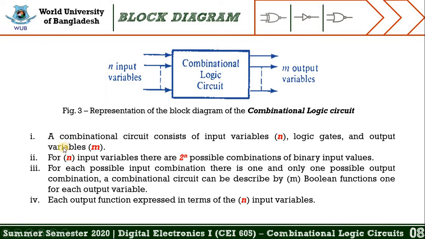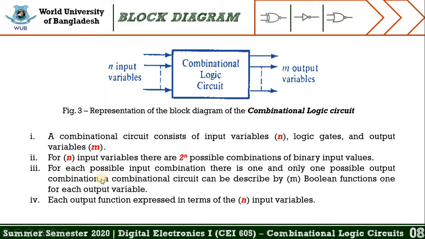Number 1, a combinational circuit consists of input variables, n number of input variables, logic gates in the middle portion, and output variables, symbolized by m. Next, for n input variables, there are 2 to the power n possible combinations of binary input values. We already know that.